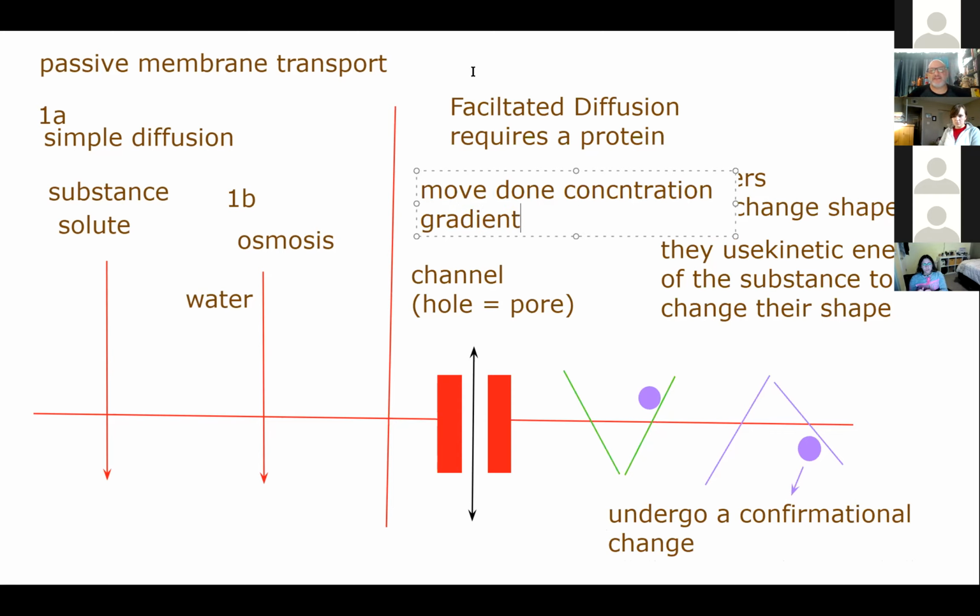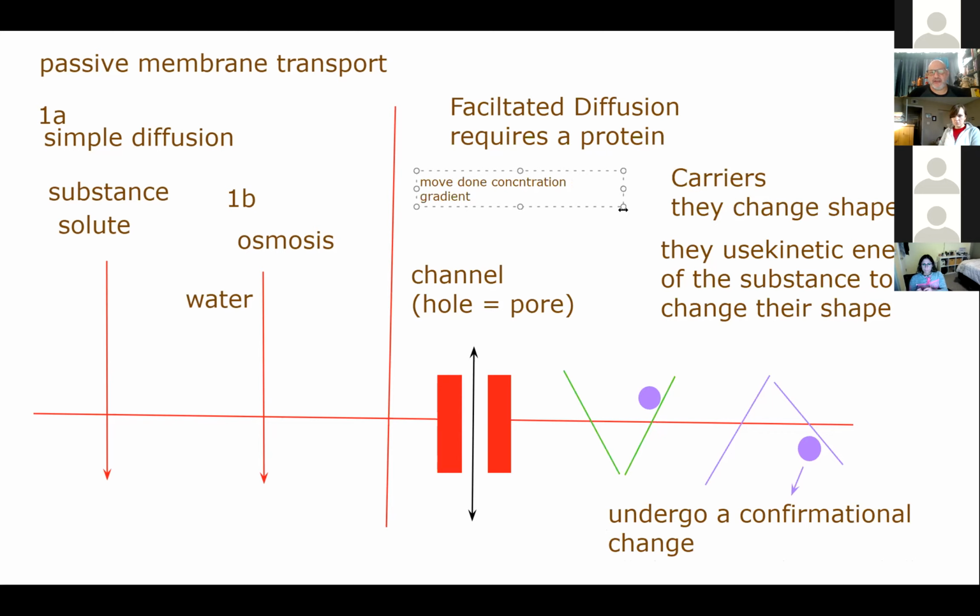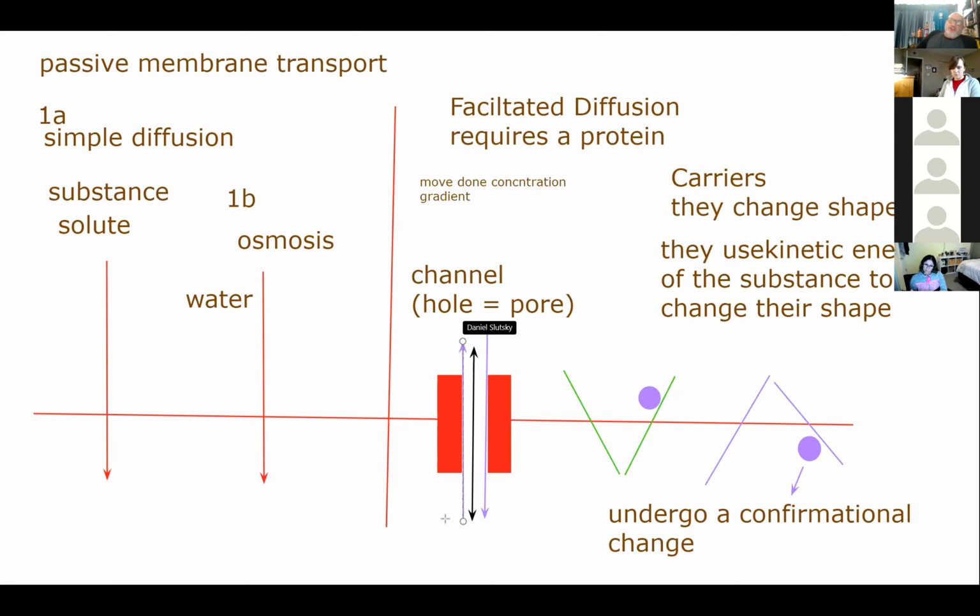So in this case, if this was indeed a sodium channel, then absolutely sodium would go into the cell. Conversely, if this was a potassium channel, potassium would go out of the cell. It's passive. To get something to go against its concentration gradient, we have to use energy. And if we're using energy, it's not passive anymore, it's active.